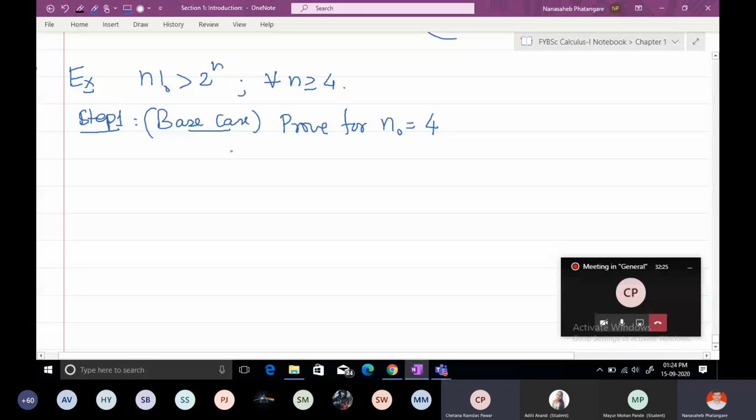If n naught is equal to 4, then what is the left hand side? 4 factorial, which is 24. And 2 raised to 4 is 16. And certainly 24 is greater. Right? And therefore the result is true for n equal to 4. That is the base case. What should be the second step?